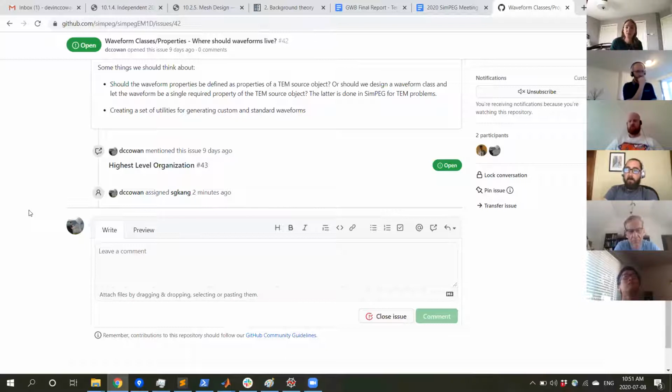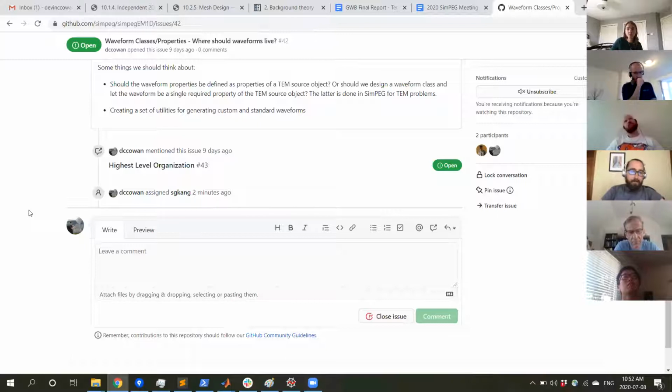They are still sampled functions. The waveforms essentially represent sampled functions, so it doesn't matter. The ones in SimPEG are sampled functions, just like these ones. So I feel like they should probably just all live in SimPEG because SimPEG EM1D already depends on SimPEG, right?